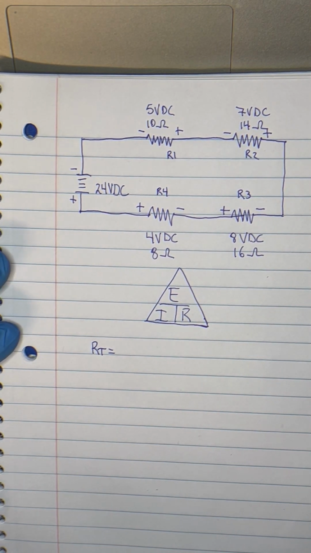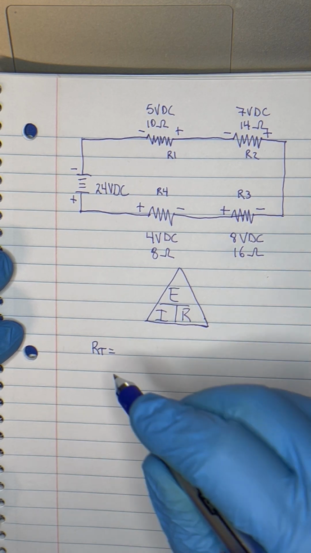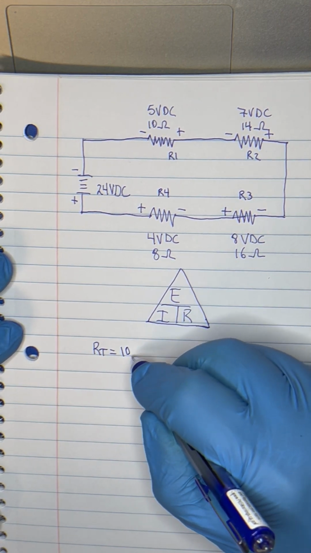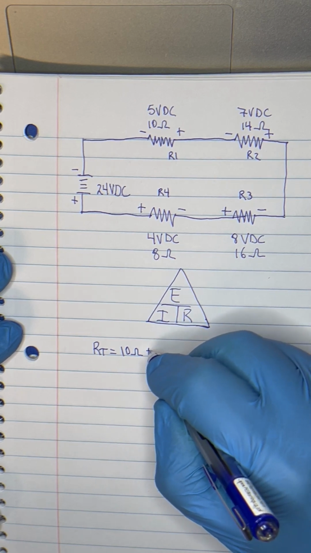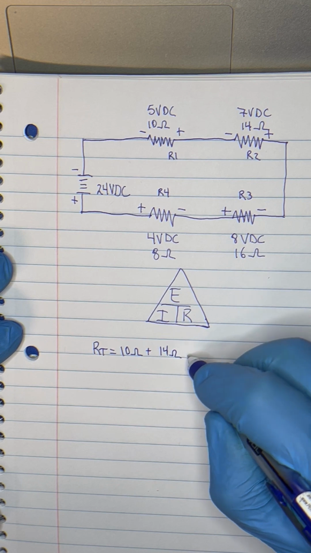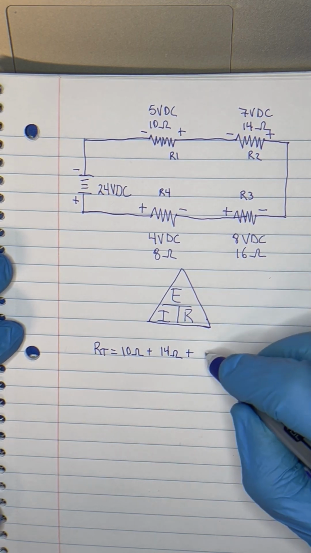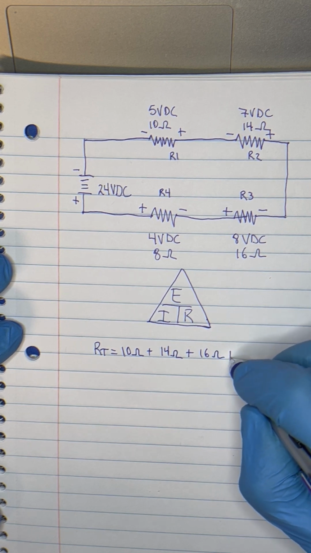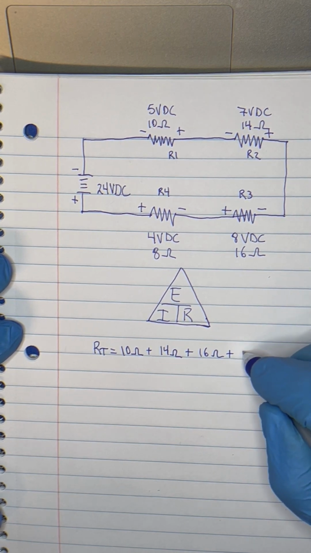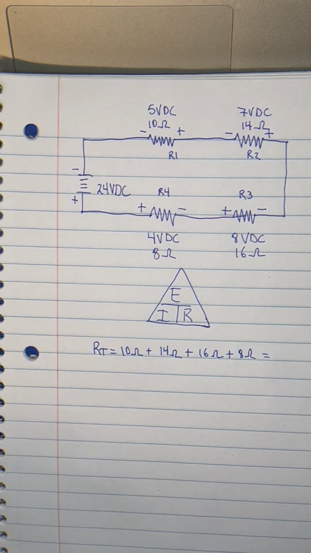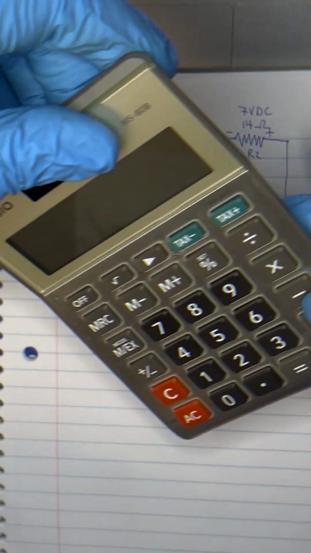So with that being said, we got 10 ohms for resistor 1 plus 14 ohms for resistor 2 plus 16 ohms for resistor 3 plus 8 ohms for resistor 4, and that will give us our RT total.